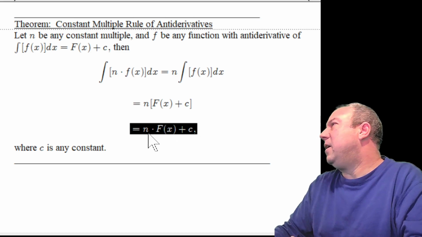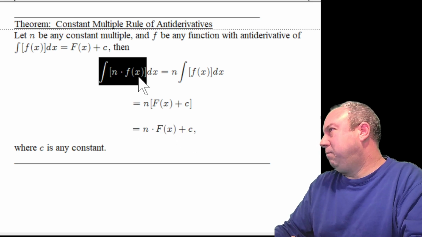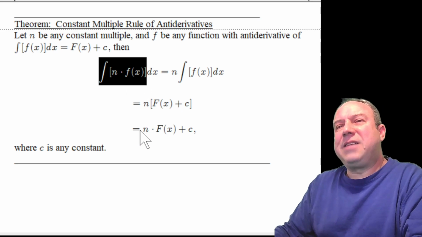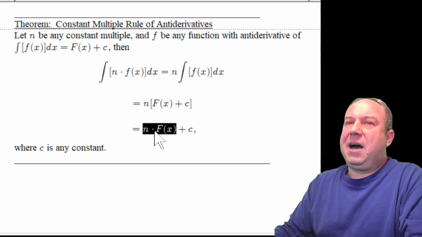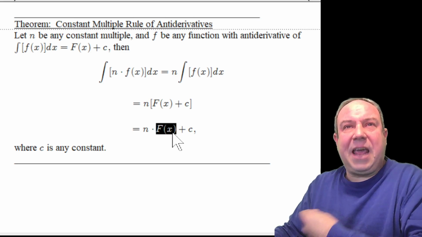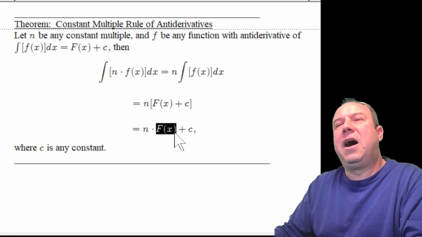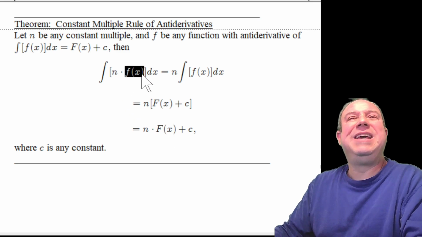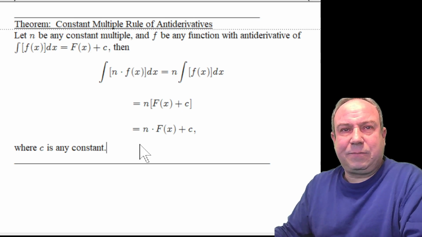Here, the end result for the antiderivative of n times f of x is n times the value of cap F, where cap F is again the antiderivative of little f. Its derivative is little f of x.